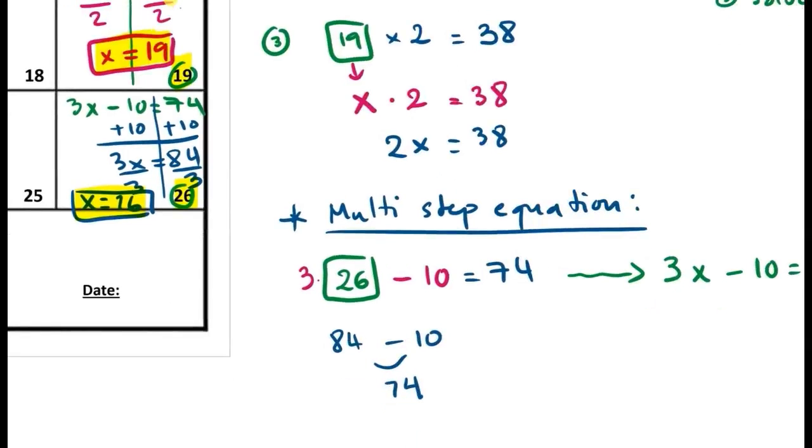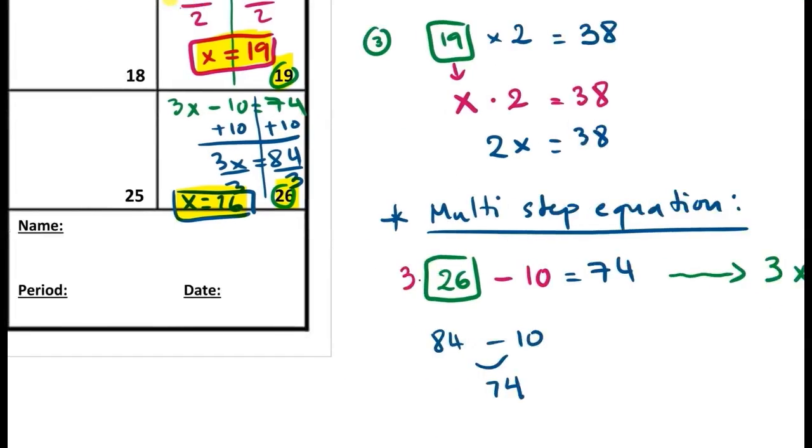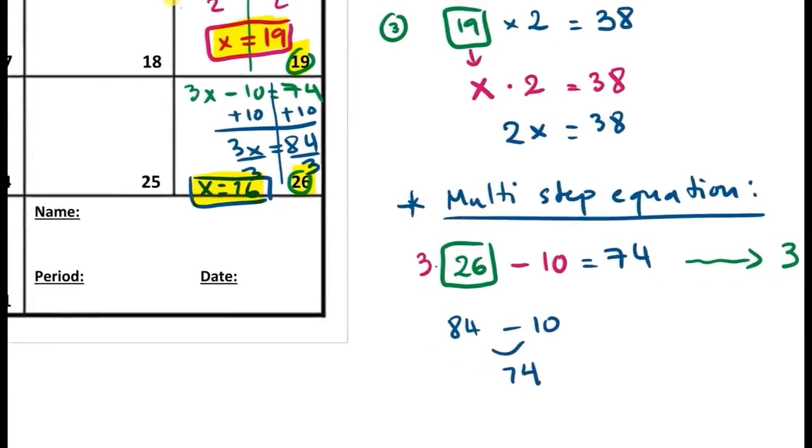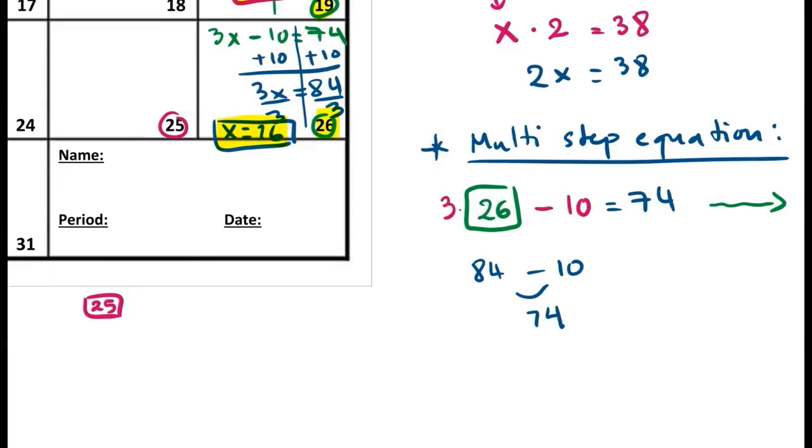Okay, I'm gonna give you 2 more examples. Let's say 25. Alright, we're gonna choose 25 as the problem this time. So 25, you're gonna box it. Now ask yourself, what do you want to do with 25?